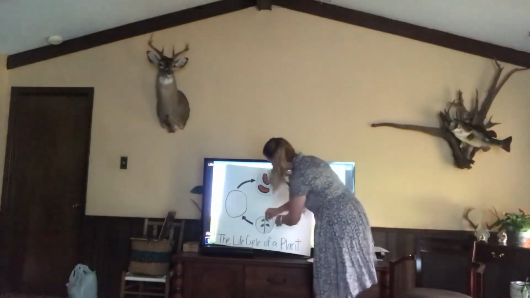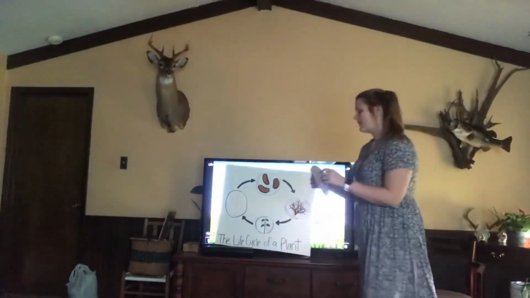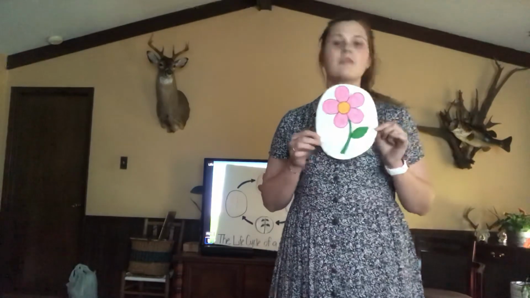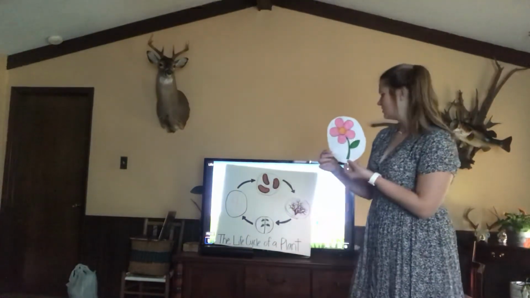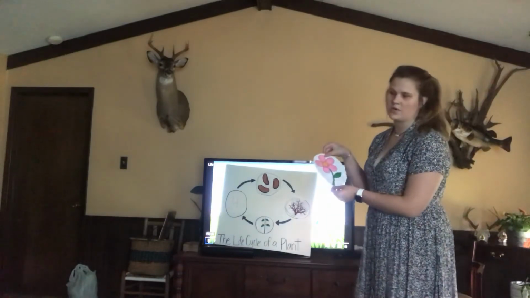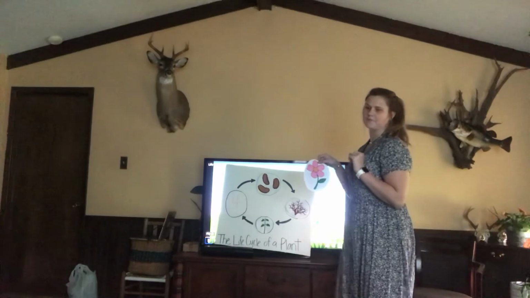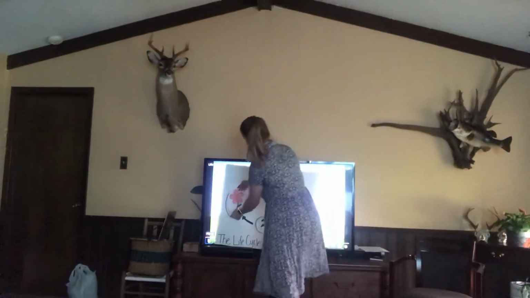Good job. And can anybody tell me what this is a picture of? A flower. Good job, boys and girls. So what circle does the flower go in? Circle number 4, because why? It's the 4th step. Good job.